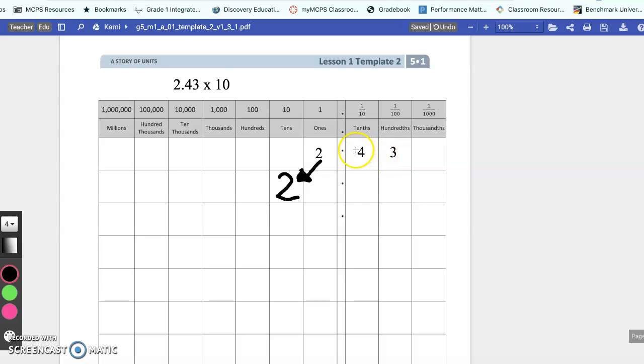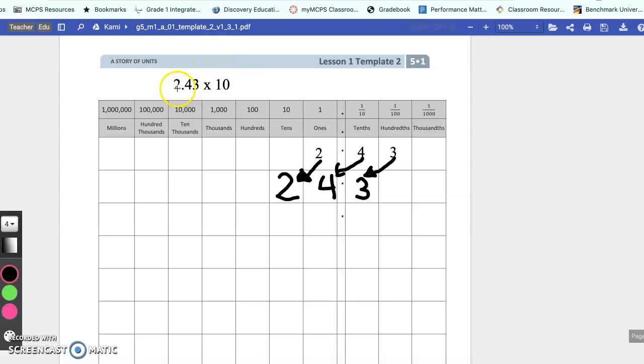4 tenths times 10 creates 4 wholes, or 4 ones. The same thing will happen to my 3 hundredths. My 3 hundredths is also going to move up one place on the place value chart because 3 hundredths times 10 makes 3 tenths.